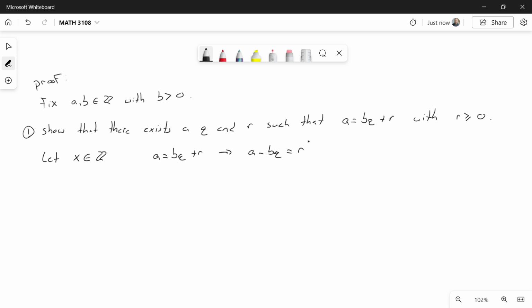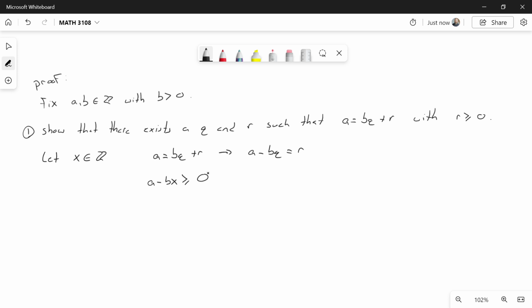So what I first want to do is show that there's a q and an r, and we'll pick very specific ones, but for now, let's leave this very general. So I'm going to replace q with a placeholder. I'm just going to put an x in there. So a minus bx, and instead of an r at this point in time, I'm just going to use the condition, because r has to be greater than or equal to 0. I'm just going to say this a minus bx has to be greater than or equal to 0.